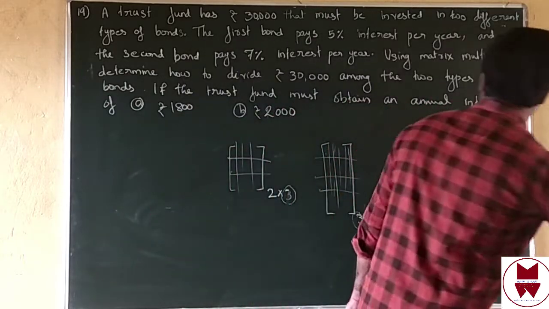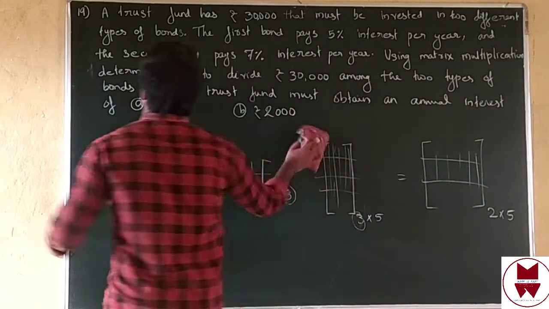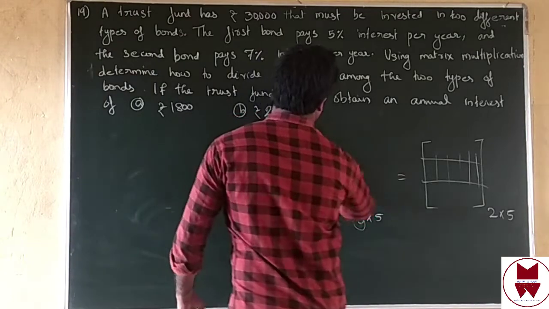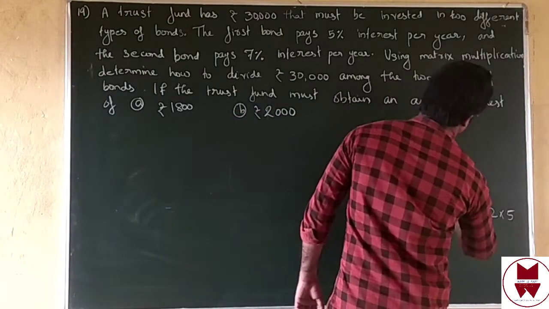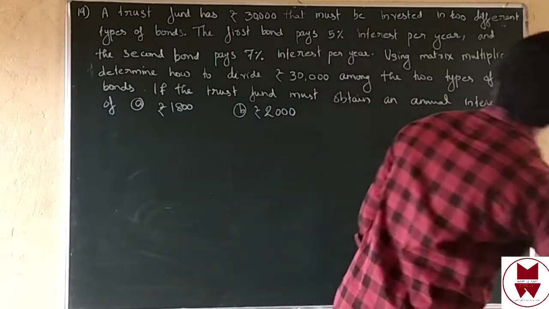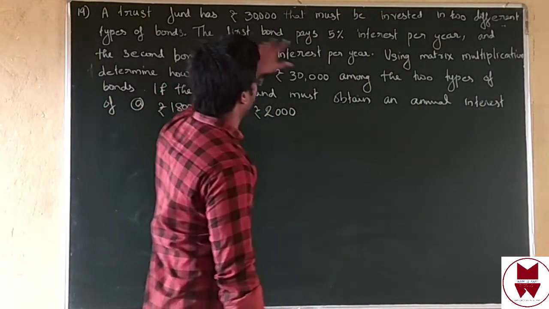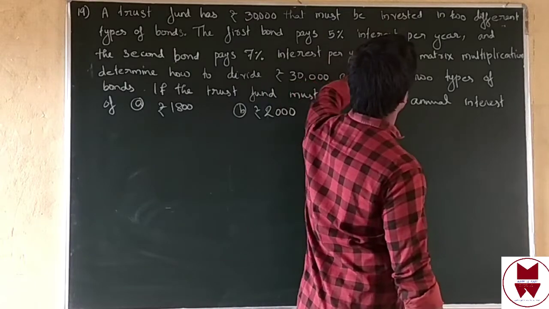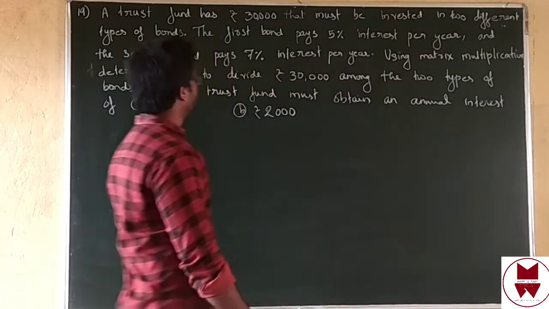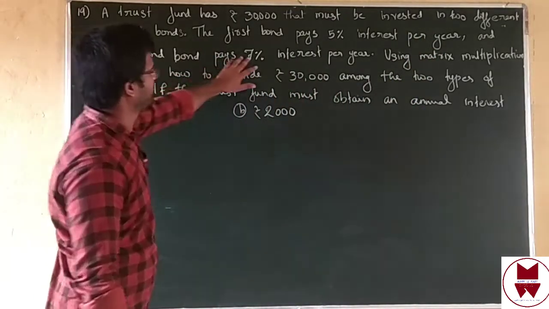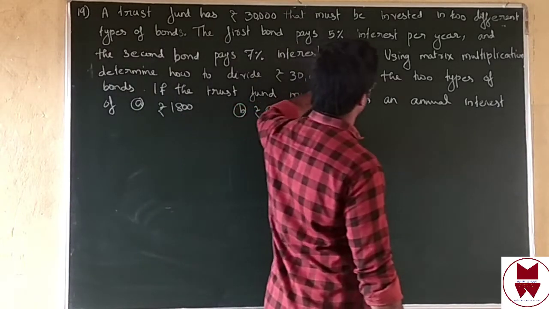Now we can see this question. What is the question? A trust fund has 30,000 that must be invested in 2 different types of bonds. The first bond pays 5% interest per year and the second bond pays 7% interest per year.